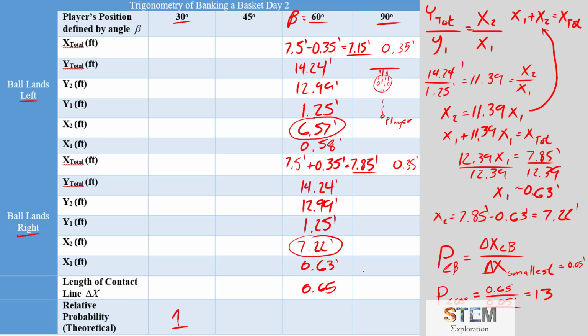I'm just explaining that. So once you get some of these other calculations, you're just taking the smallest one and you're putting all these values over the smallest one.